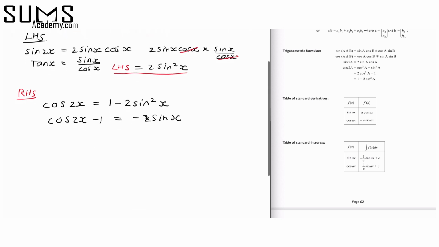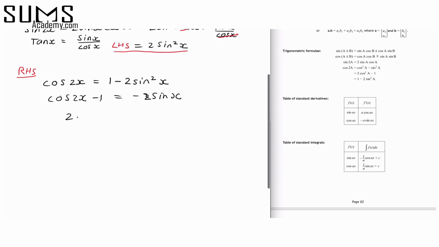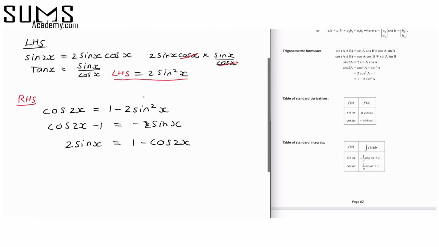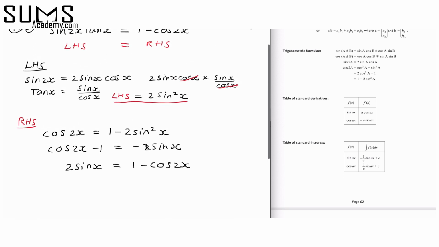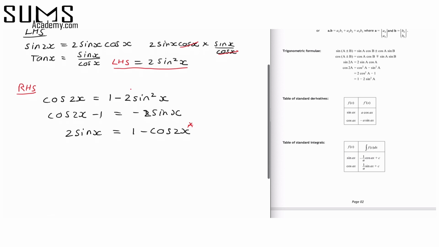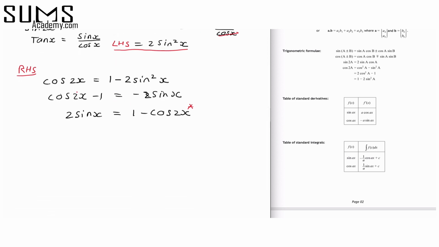Then if we multiply everything by minus 1 to get rid of the negative, we have 2 sine squared x equals 1 minus cos 2x, which is what we were looking for in the beginning.